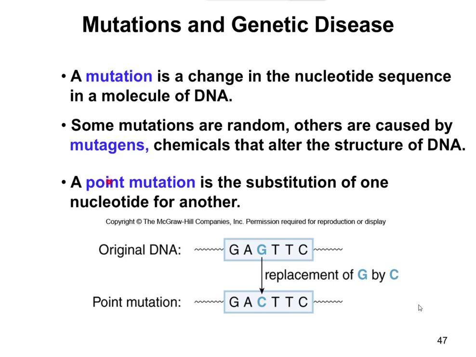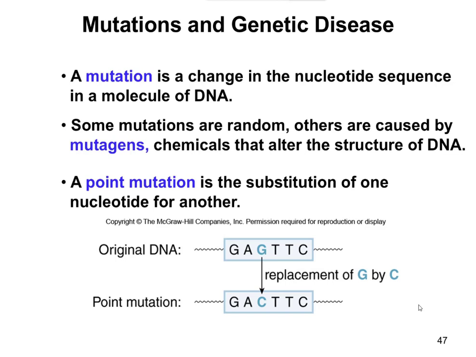So these mutations can come in a variety of forms. One of them is called a point mutation. A point mutation is when you substitute one nucleotide for another. So in this case, a G got converted to a C. So if you're looking at this sequence of DNA, a G gets converted to a C. Then the question is, what happens whenever you have that point mutation?